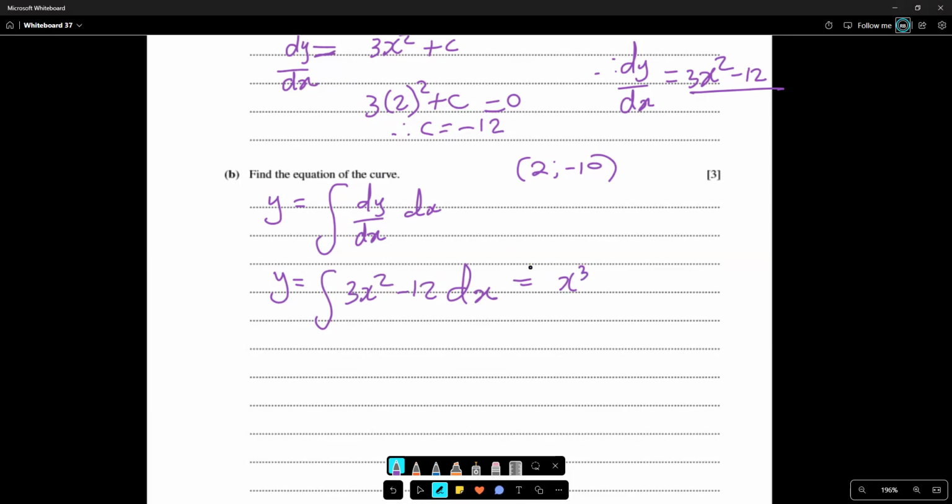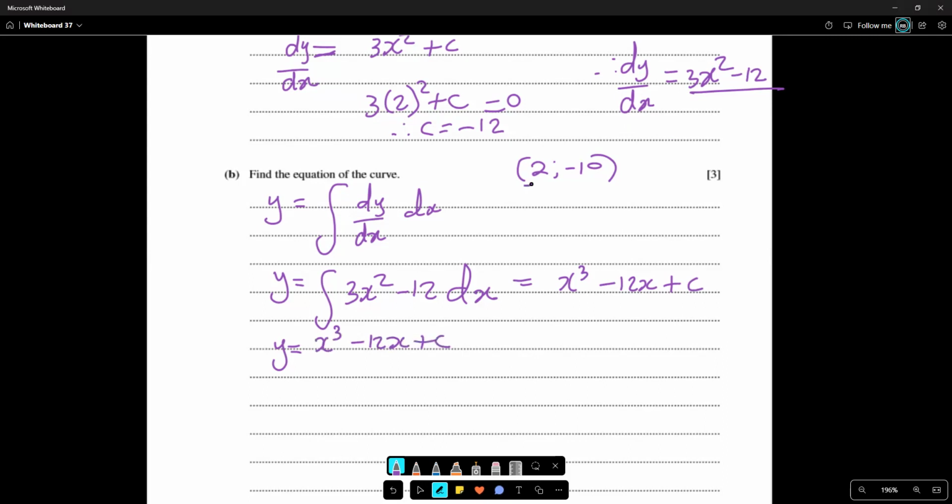Then here we have x to the power 0, basically. Here we're going to have minus 12x, because the integral of a constant is a constant times x. And then plus c. Right. So y equals x cubed minus 12x plus c.